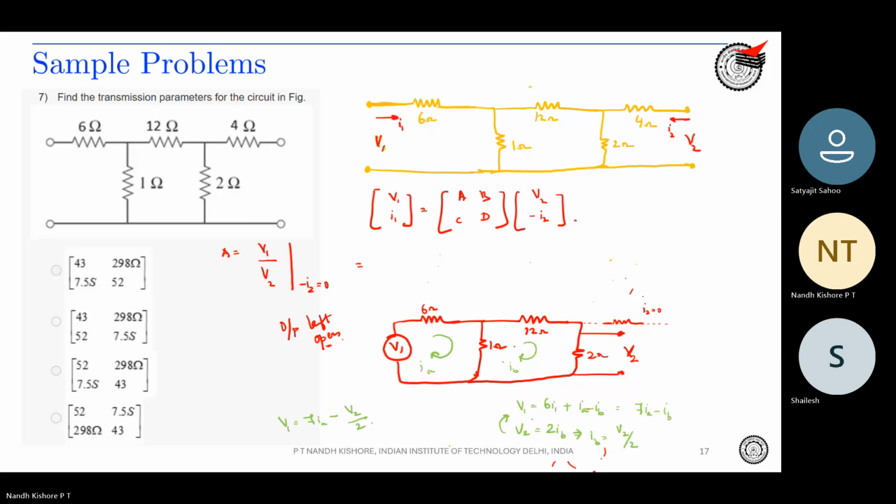So this is one expression. Now the point is we have to eliminate IA.